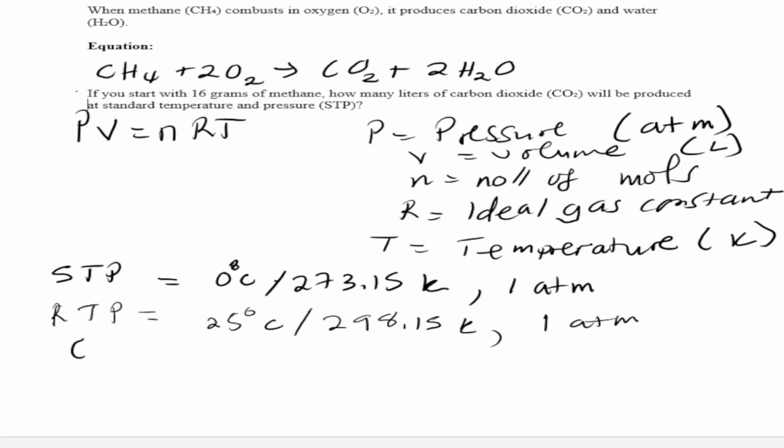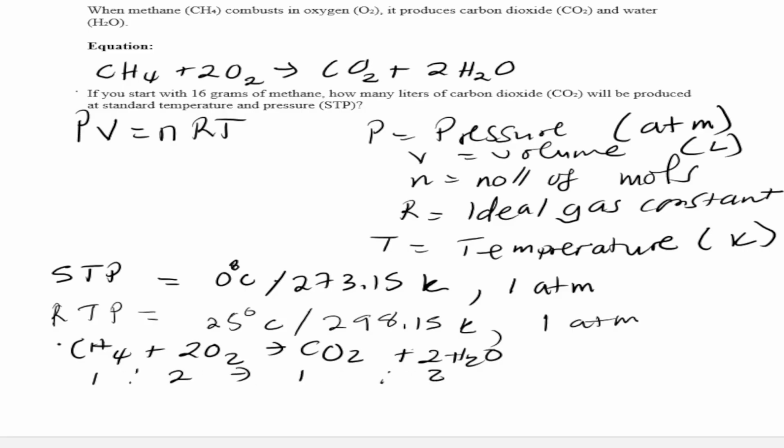So it's CH4 plus 2O2 to give us carbon dioxide plus 2H2O. Okay, so here this one is 1, compare this to 2, 1, 2. So we are just comparing the ratios of the number of moles, which is 1 here, 2 here, 1 here, and 2 here.